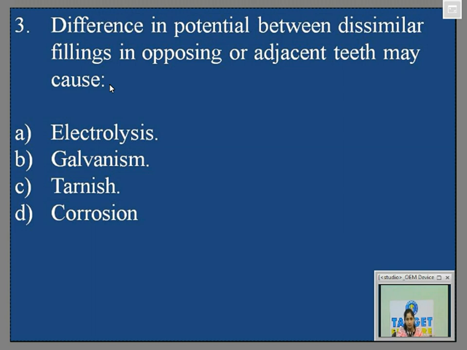So the cathode, that is cast gold, acts as the positive electrode, and the anode is the negative electrode. The anode is the one which will face loss of electrons. So in this case, amalgam is the one which will be deteriorating, because it is acting as an anode. It is the one which will corrode.